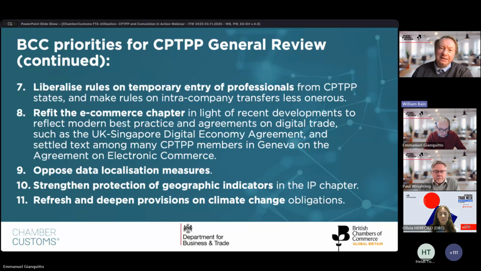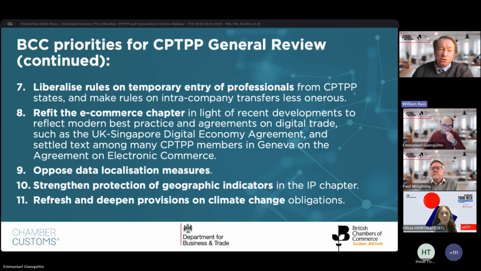So we hope that we can have changes to the text that will reflect world-leading examples such as the UK-Singapore Digital Economy Agreement, very much the gold standard around digital trade and customs facilitation measures. And also the settled text that we referred to, that many CPTPP members have agreed to at Geneva in terms of the agreement on electronic commerce. So making that the exemplar of what the CPTPP chapter on e-commerce would be, would again help us do more trade in goods and make more sales.